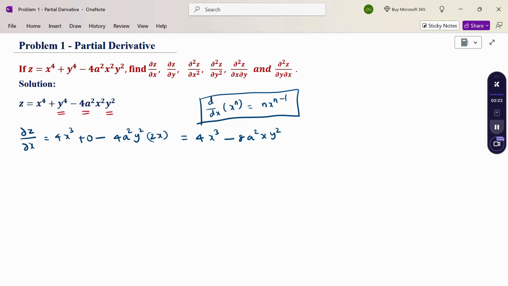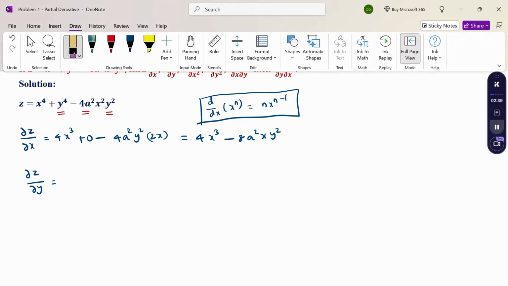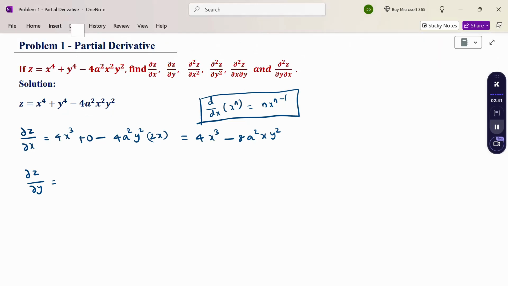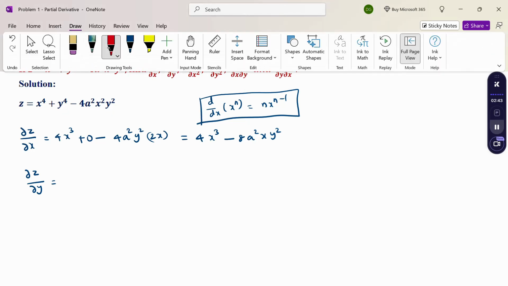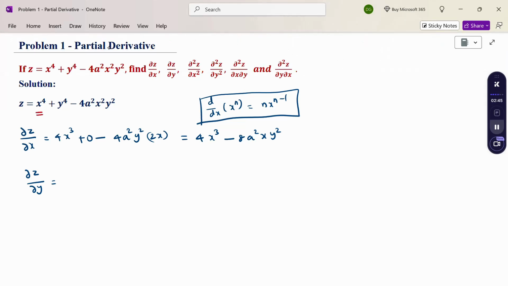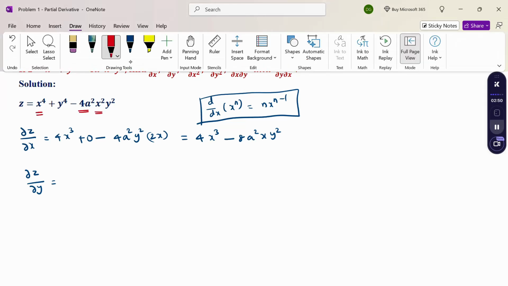So this is the value of ∂z/∂x, and then to calculate ∂z/∂y: here y is the variable, x is constant, and the other numbers are constant. So y is the only variable, x is constant, and 4a²x² is constant.